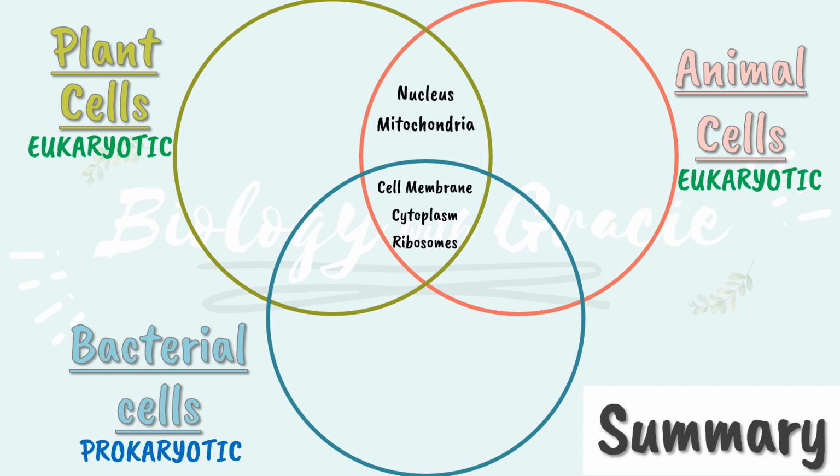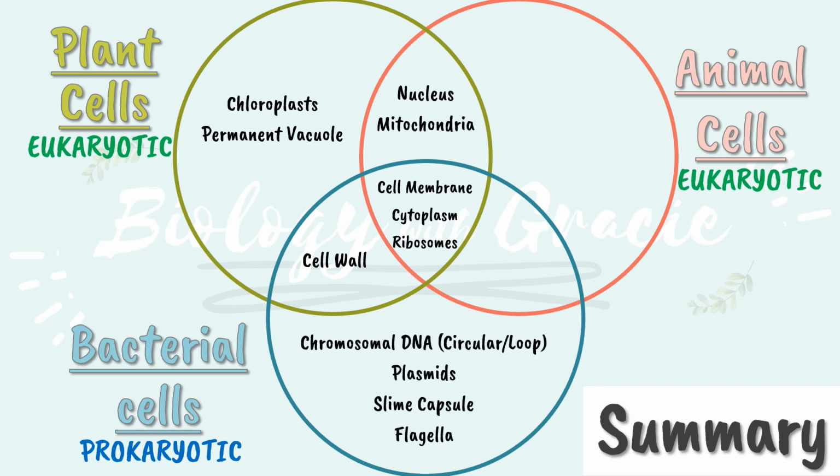We've then got nucleus and mitochondria, which are part of both plant and animal cells. We've got a cell wall, which is part of plant and bacterial cells, but not animal cells. We've then got our chloroplast and permanent vacuole, which are specific to plant cells. And we've got our chromosomal DNA, which is part of bacterial cells alongside plasmids, the slime capsule, the slime coat, and the flagella.